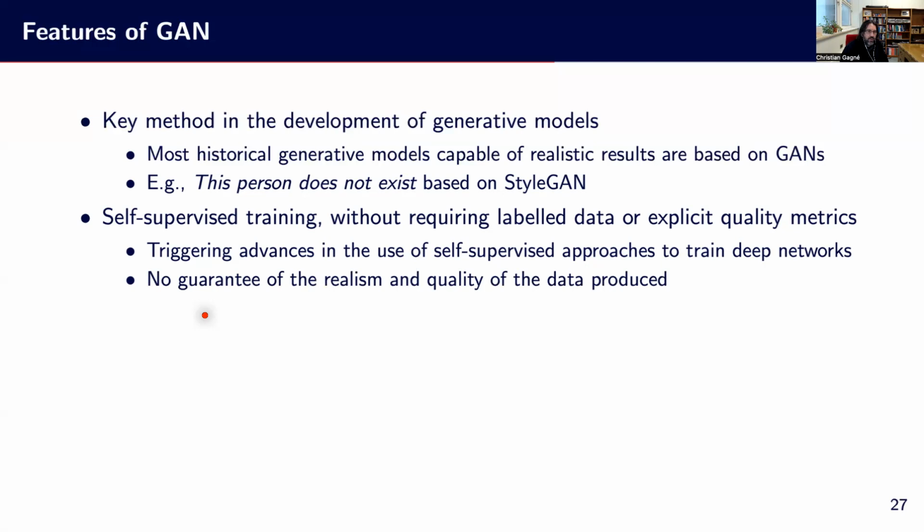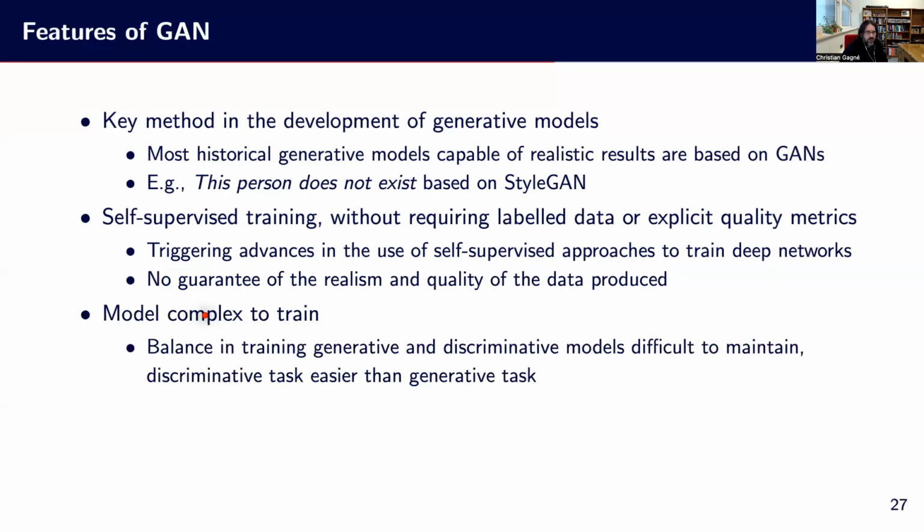However, we don't get any guarantees of the realism or the quality of the data. The GAN is based on a competition, and it may fail, and the discriminative network may be fooled by some data that are easy for the human eye to detect as fake. So we don't have any guarantee on that, but still it's effective for different cases.